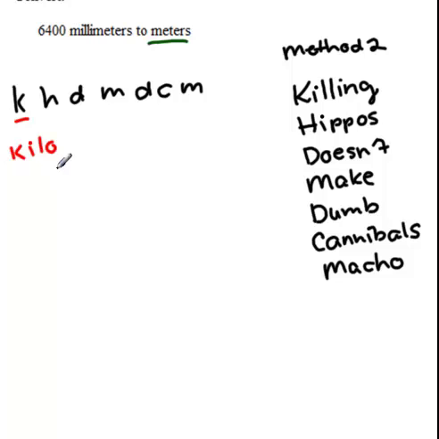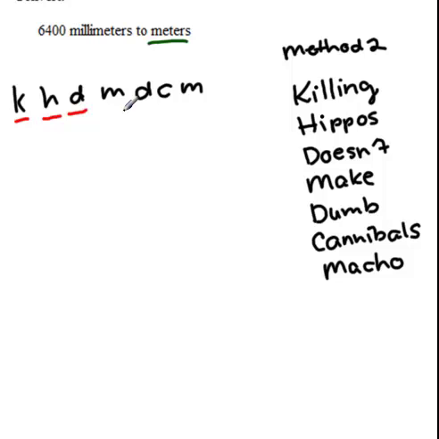So this is the prefix for the larger unit in the metric system. The H stands for hecta, hectoliter, hectogram, hectometer. The D stands for deca, decameter, decagram, decaliter.